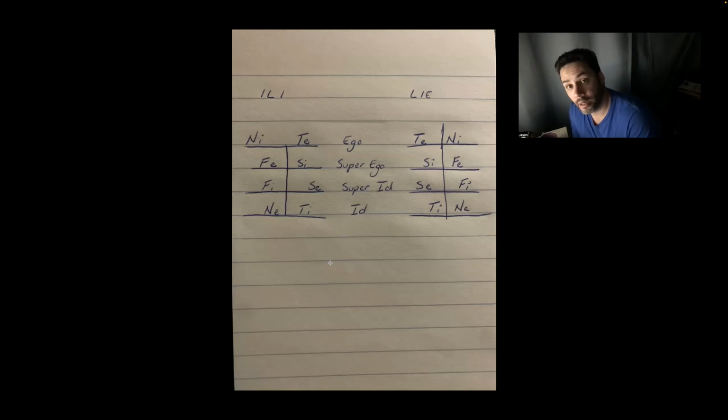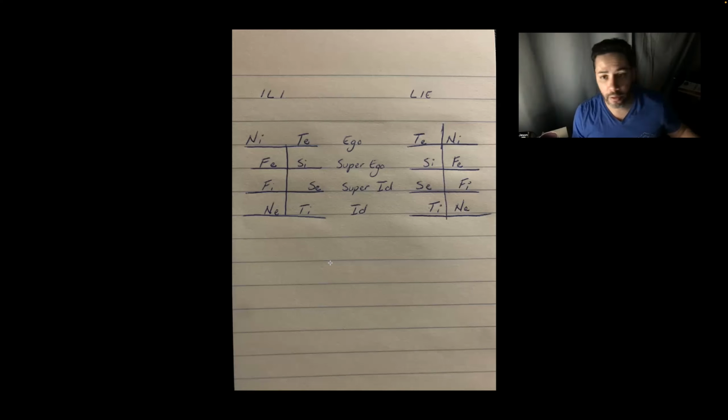This is why, again, LIEs can look very extroverted. They can appear like an ILE. LIEs can even give off flashes of looking a bit like an SEE, believe it or not. I know some people think that's crazy. I think that an LIE that's been in a lot of social environments and does a lot of FE stuff, like in my case, doing a lot of theater things, can develop more FE.